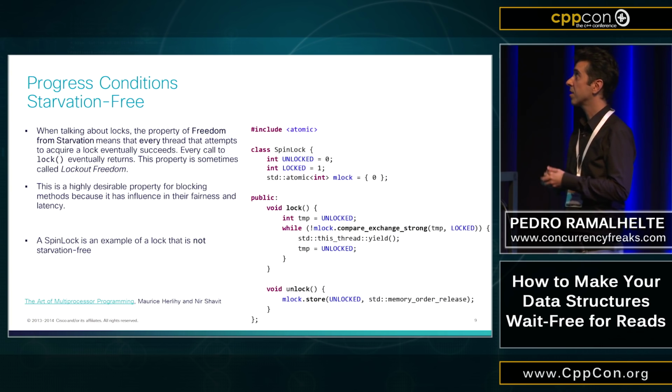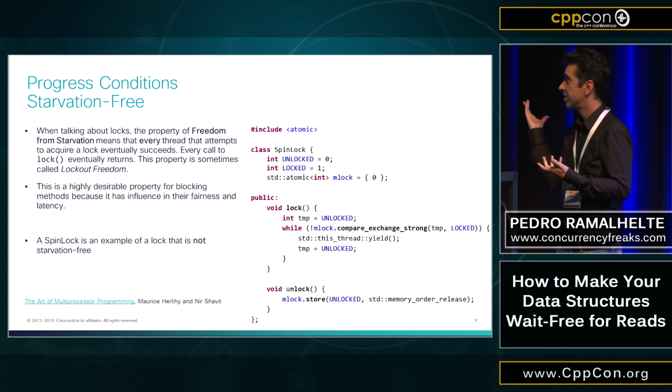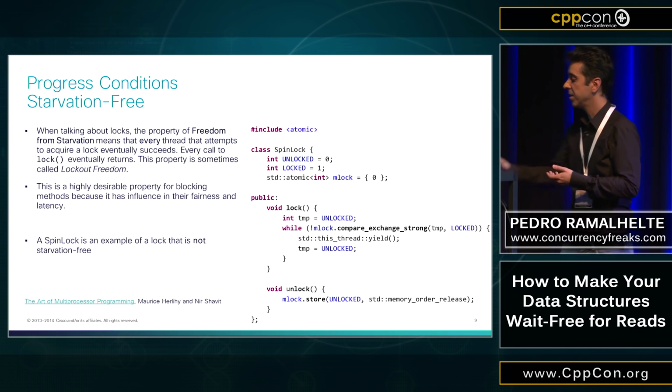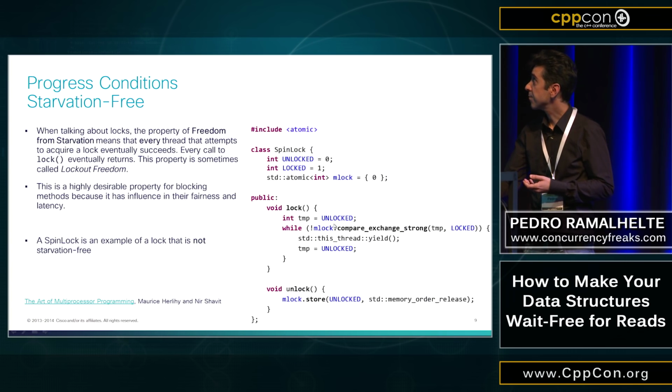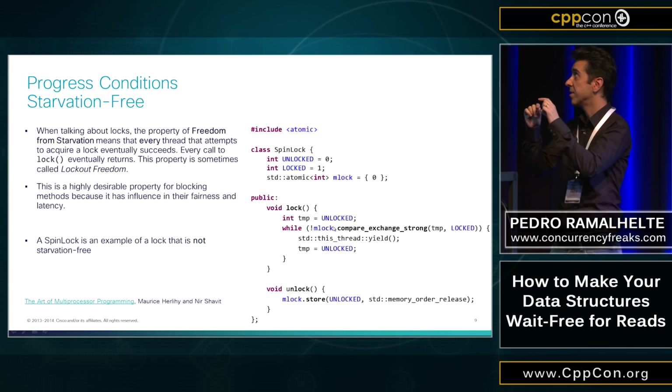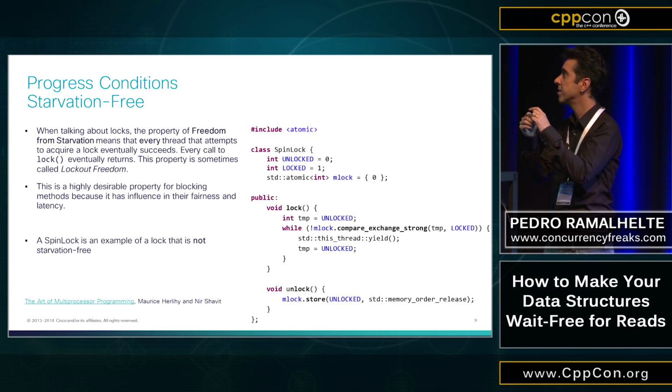This is an example of something that is not starvation-free. It's just a spin lock. I think Fedor showed a spin lock using exchange. This one uses compare and exchange. But it's something very simple. You have this variable that's being changed from 0 to 1 as the lock is acquired or released.